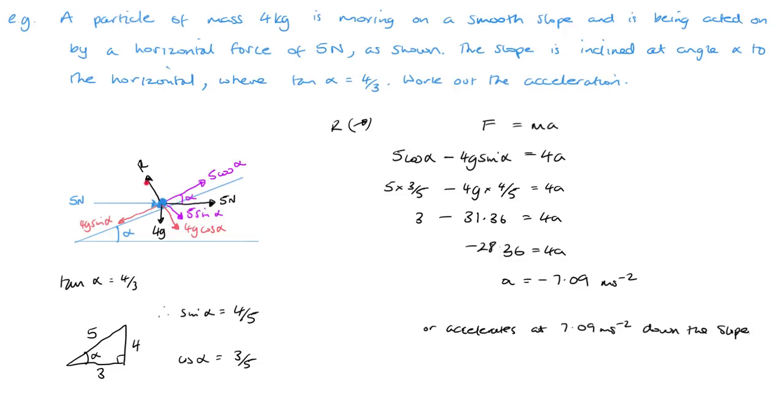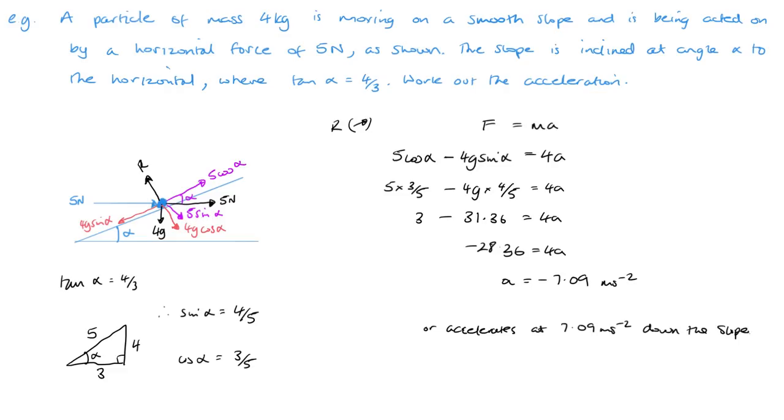I know there's quite a lot of information on this diagram, and when I get forces like this, I do find it easier, when the arrow is pointing towards the particle or the object, to draw it on the other side so it's coming out from the particle. I find it easier to resolve then, because you're resolving it from the particle.